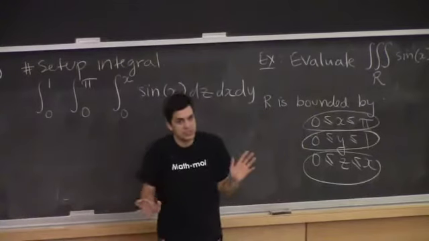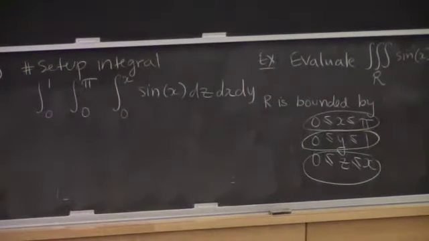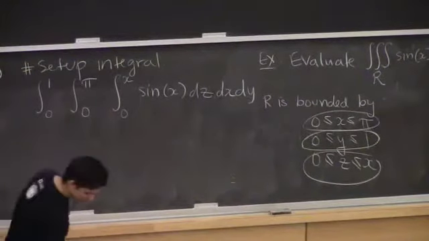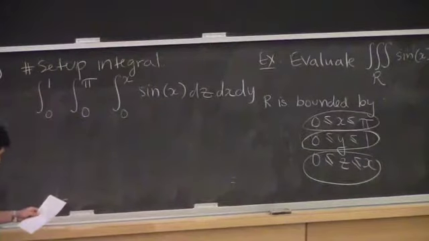That's the only reason I chose that order, to put the rectangular part outside or at the end. Is that the order I picked in the notes? Okay, yeah, almost the exact same order.